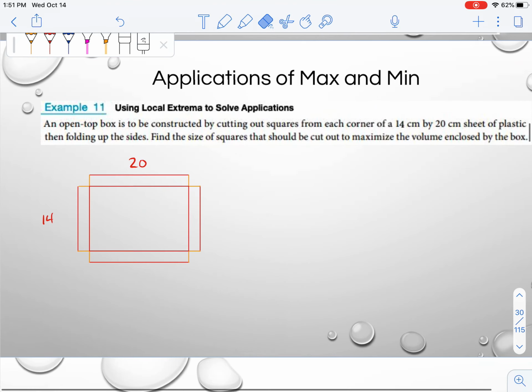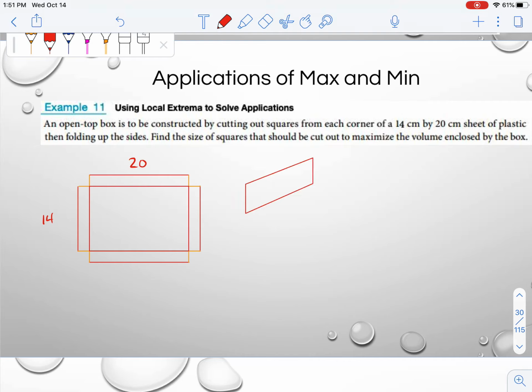And what I'm going to end up doing is each of these sides are going to get folded up, right, in such a way that then, and my artistic skills here, right, apparently it doesn't like me.